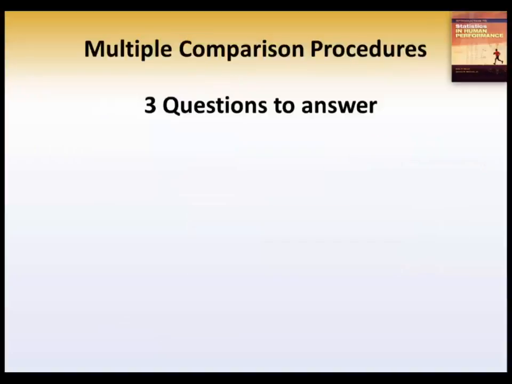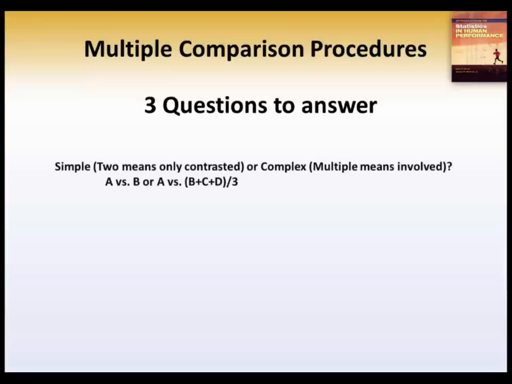There are many different multiple comparison procedures available, and in order to determine which one you should use, you need to answer 3 questions. The first question is, do you only want to make simple comparisons, or do you want to make complex comparisons? Simple comparisons involve only 2 means, mean A versus mean B, mean A versus mean C, and so forth.